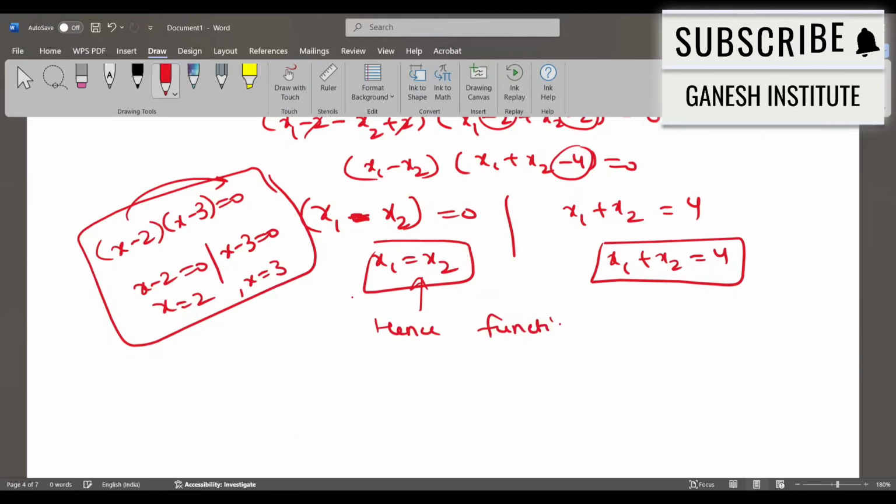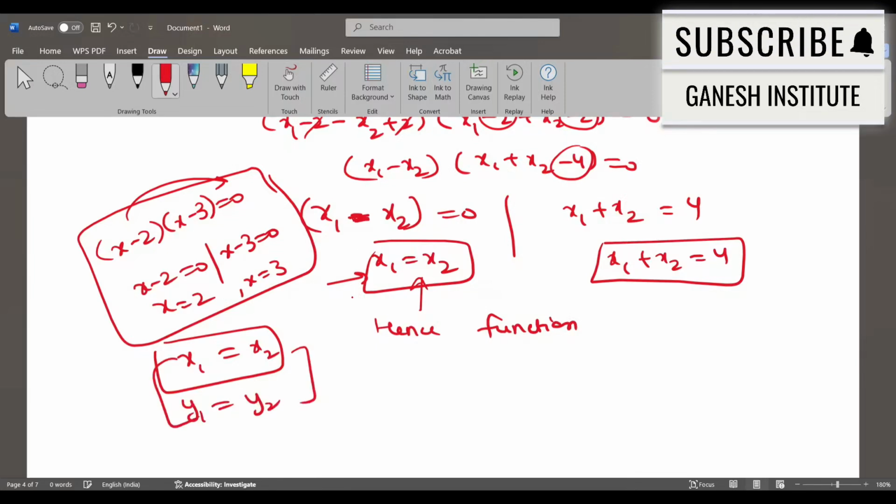Because you are initially assuming that these are two different x, x1 and x2. But then you say no, they are actually the same. So y1 and y2 are also the same. So for the same x, you have that unique value of y, hence function is one-one.